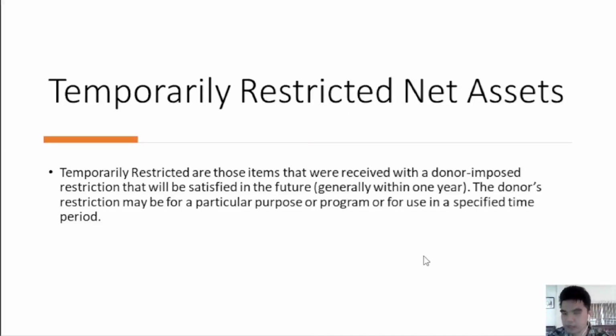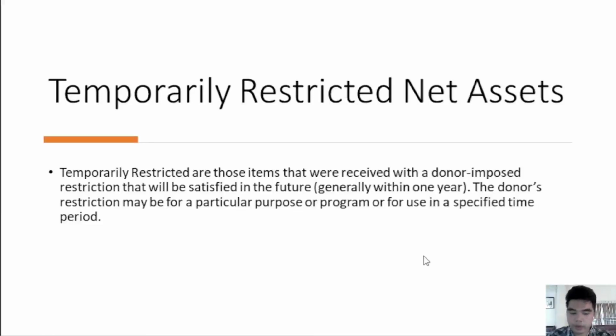For example, a certain donor contributed 1 million in cash only to be used for the victims of Typhoon Yolanda. So basically, it has a restriction into it. So it will be classified as a temporarily restricted net asset since that particular cash or money will only be used for the programs intended for the victims of Typhoon Yolanda.